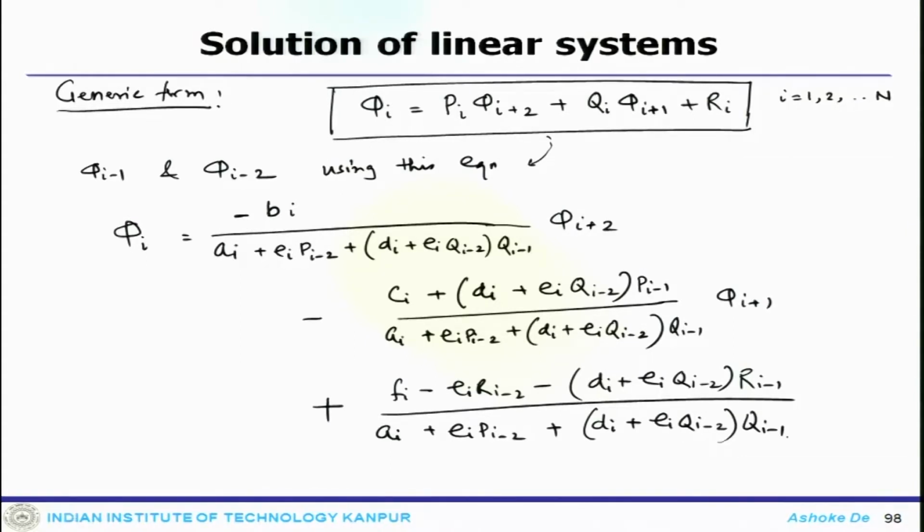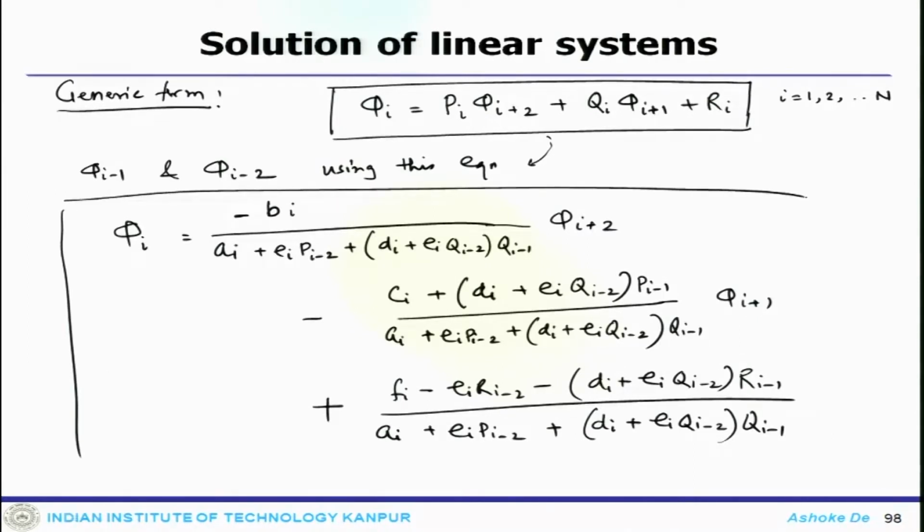So you get a generic expression for phi i, the ith element of that component.